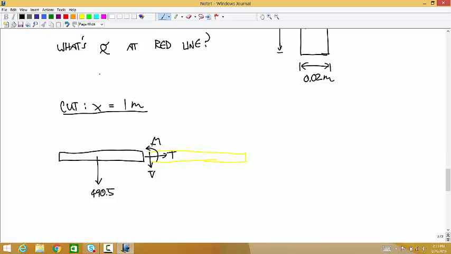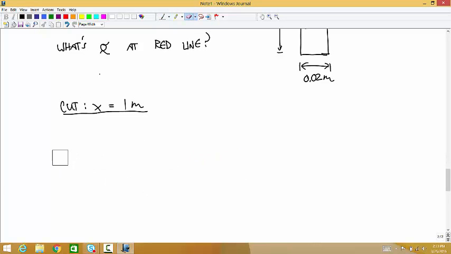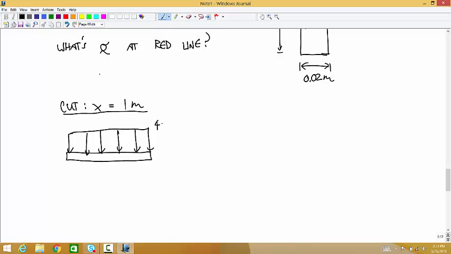So it's not 490.5x. Okay, let me do it the whole way. Too late. We already know that. Yes, 490x. That's right, yeah. So it's a distributed load of 490.5 newtons per meter.